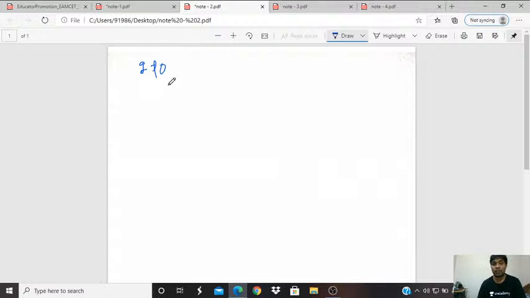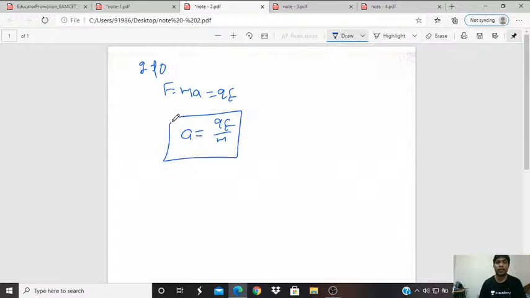Then F equal to ma, which is equal to qE. So in that case the acceleration of the particle a equals qE by m.